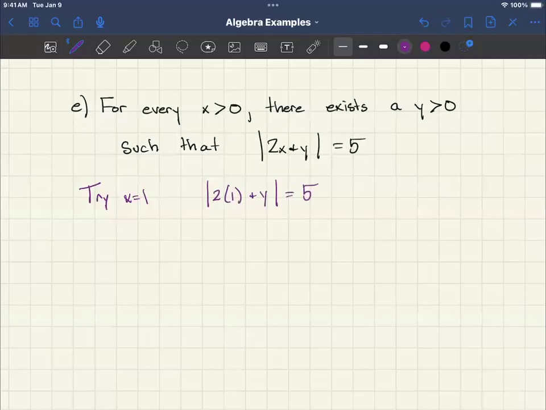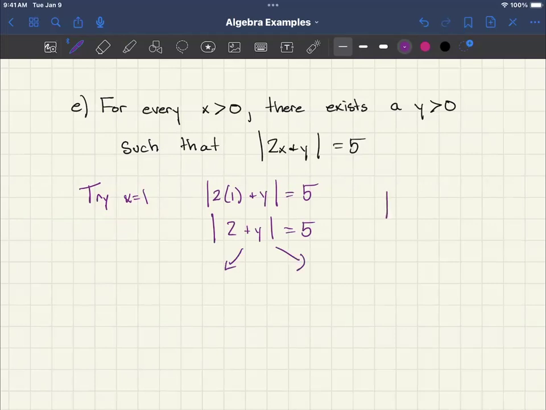If we did that, we'd have this equation: 2 times 1, so the absolute value of y plus 2 is equal to 5. Instead of writing it as an absolute value, we're just going to break this out into the two possible outcomes.